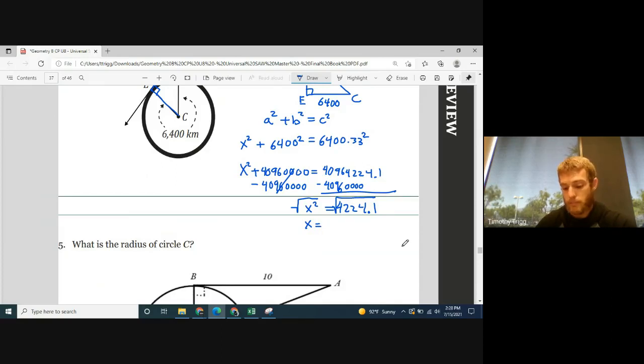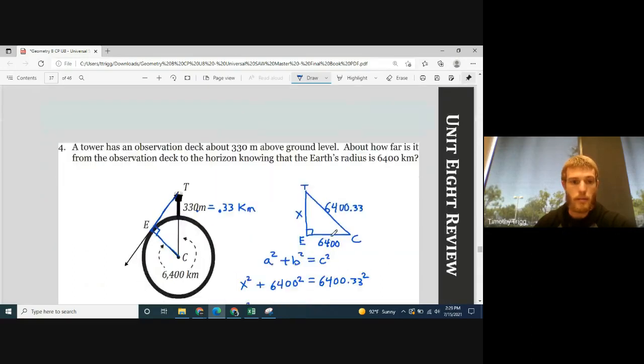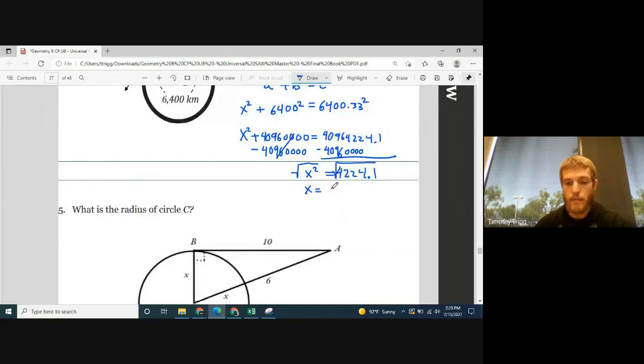Square rooting this gives you, I got 64.99 or 65 roughly. And again, this is in kilometers.